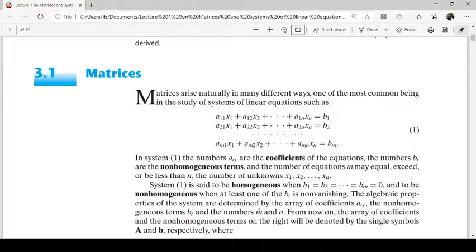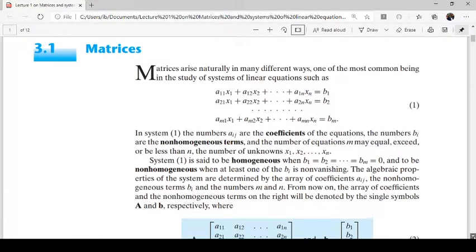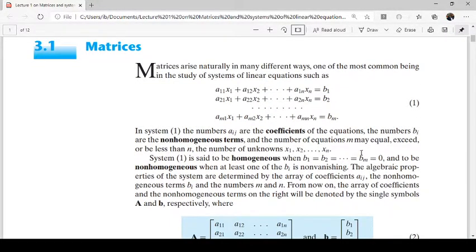What you can see in equation 1 is just a system of linear equations. If you cast your mind back to your elementary linear equations, where you did simultaneous equations, when you are solving for two unknowns with two equations, you say the equations are simultaneous.